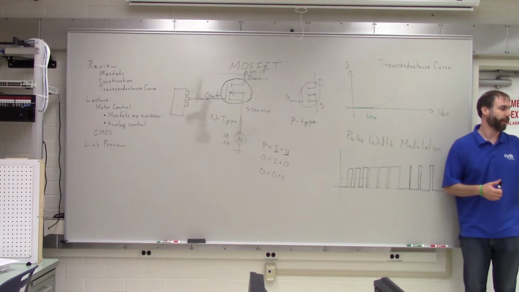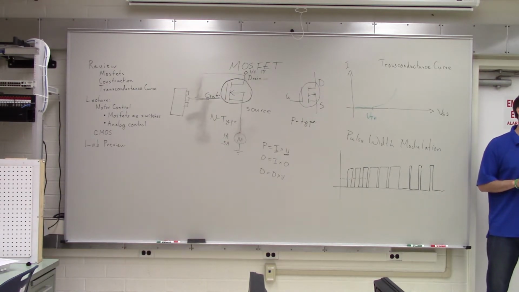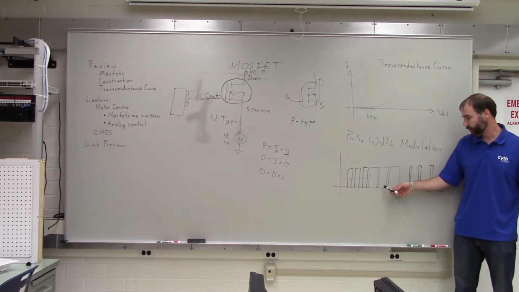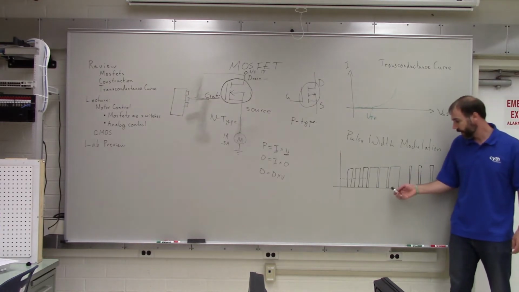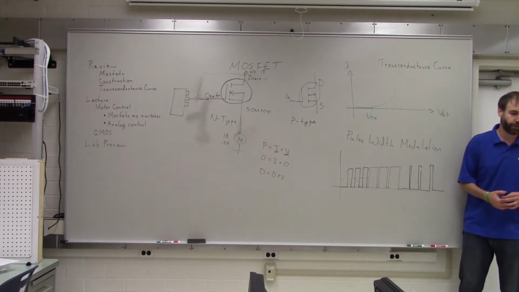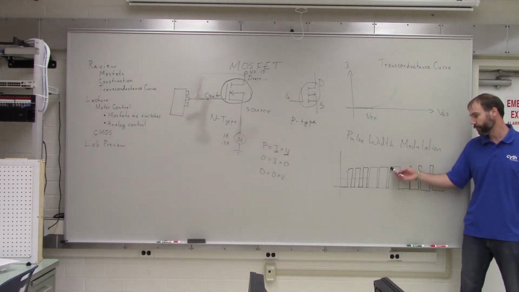So, yeah? Does the MOSFET take any time to switch back and forth itself? It does. I'm drawing these lines as vertical as I can on the whiteboard, and that would be an instantaneous change. But to your question, there is actually some small but finite amount of time that it takes to go from off to on, and from on to off.